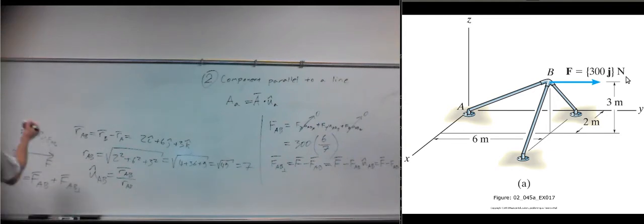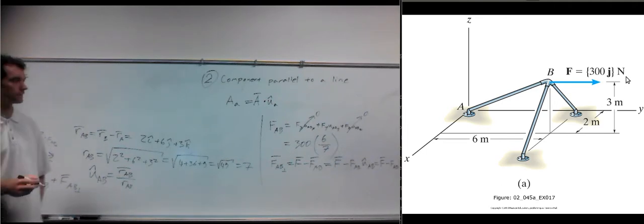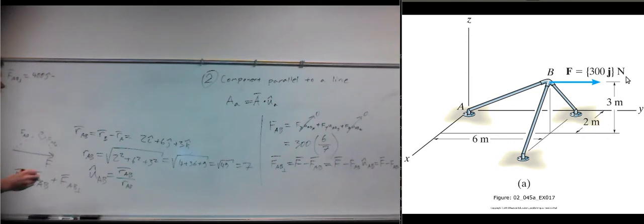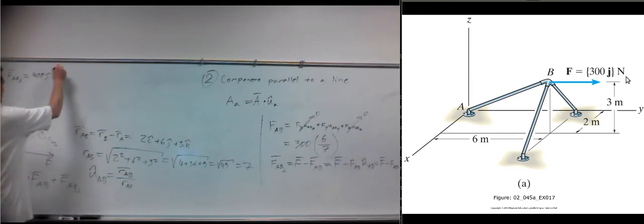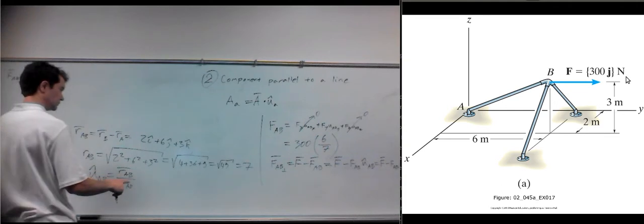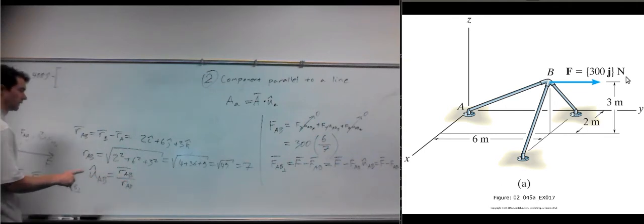All right, so we'll write down F, and that's just 400 in the J direction, minus now the component along AB. And so this is going to get kind of ugly, I guess.